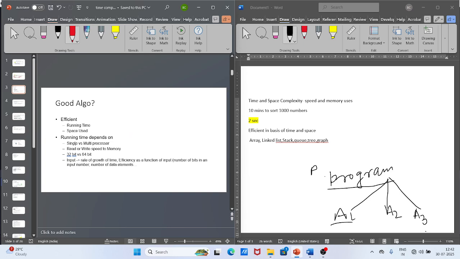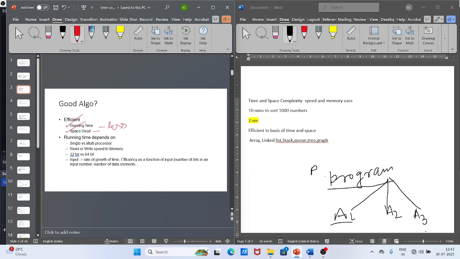It should also run quickly and use as little memory as possible, less space and less time required.